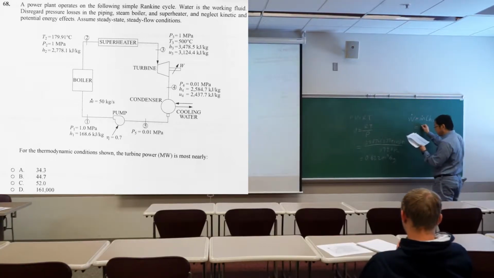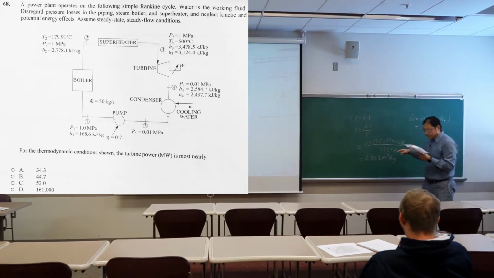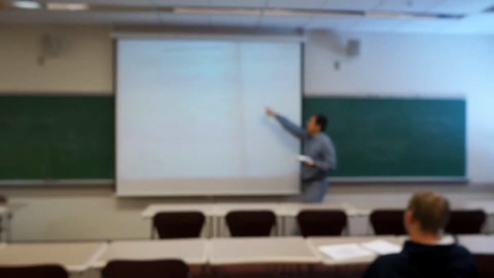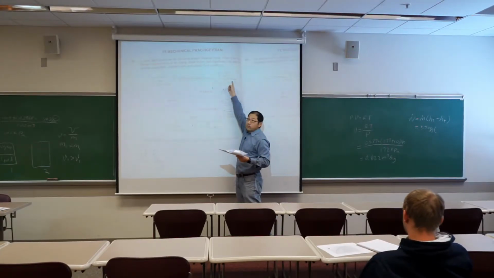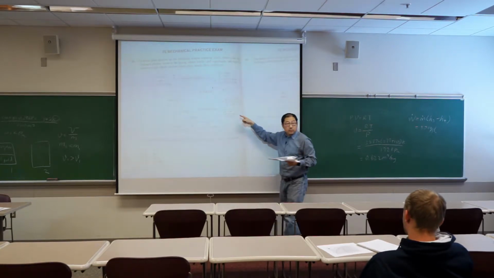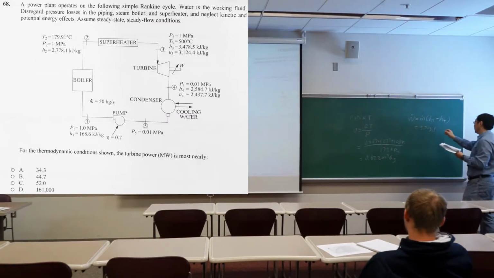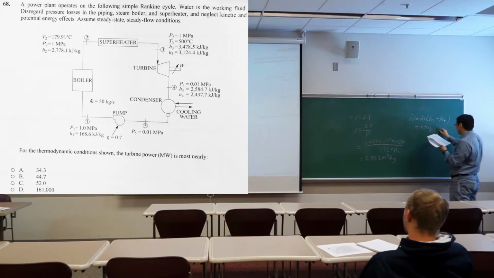This one is 50 kilogram per second, and then find H3 and H4. H3 is the inlet of the turbine, pick that one. H4 is the outlet of the turbine, pick that one. The unit is already converted, kilojoule per kilogram, so you just put in all these values.